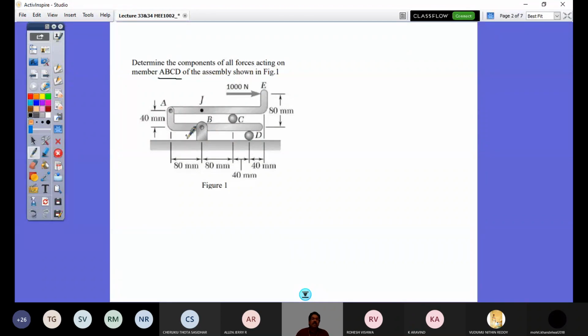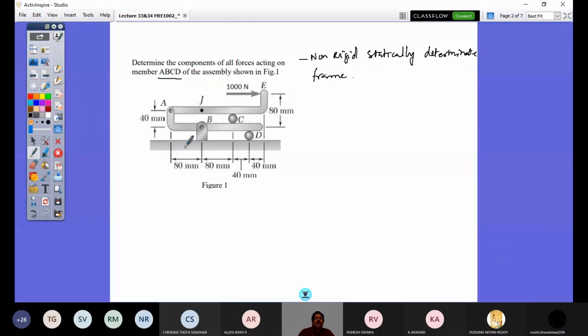So this is a statically determinate frame. So that is how you could classify the frame, right? So this frame is of the class statically determinate non-rigid frame.